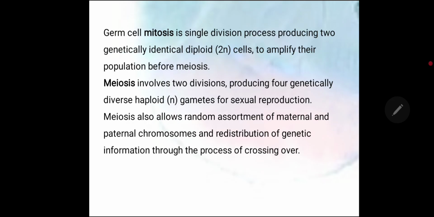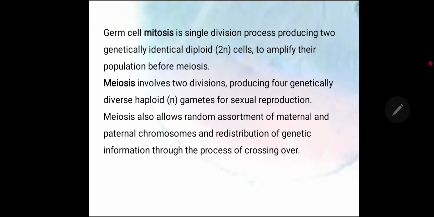Germ cells, through mitosis division, produce genetically identical diploid cells to amplify their population before meiosis, to increase their number. They will be identical and diploid, containing 46 chromosomes, or 2N. While meiosis involves two divisions, producing 4 genetically diverse haploid gametes for sexual reproduction, which are not identical.